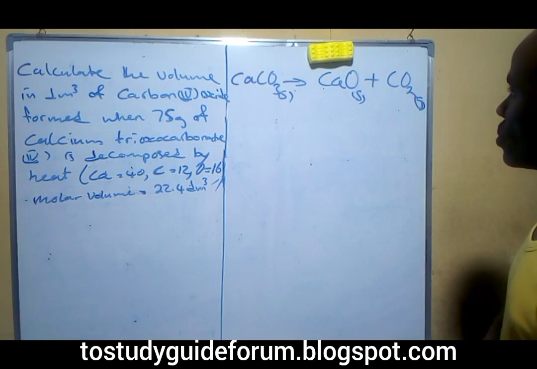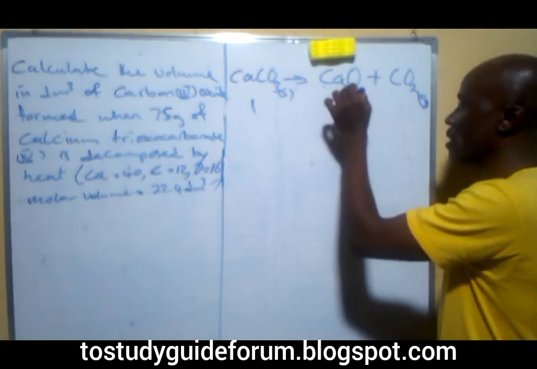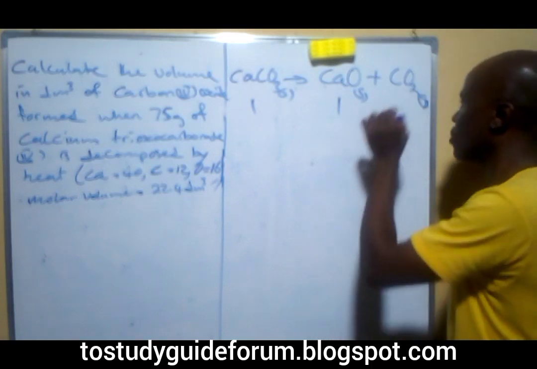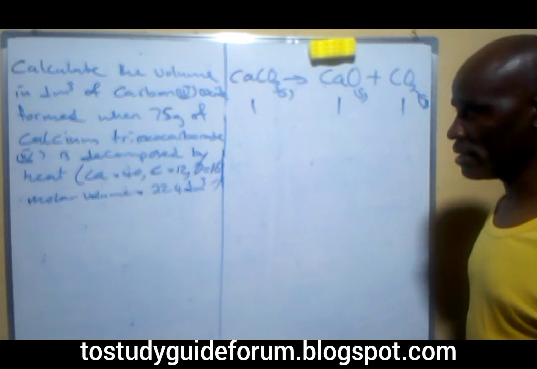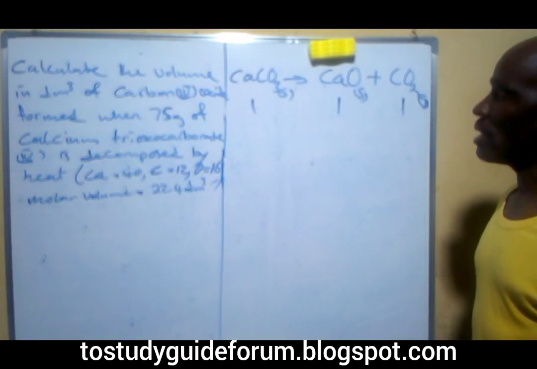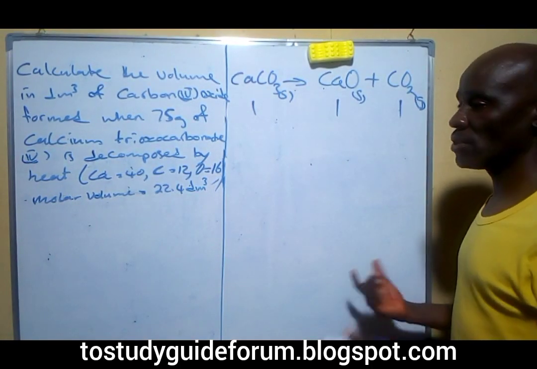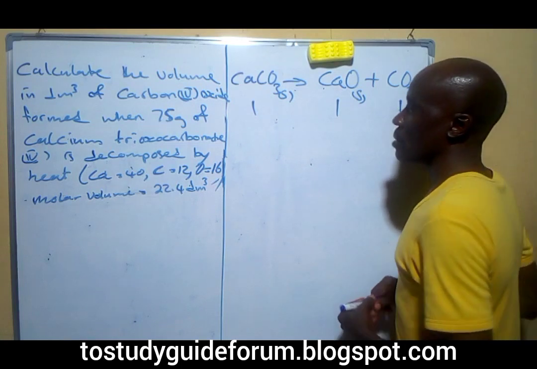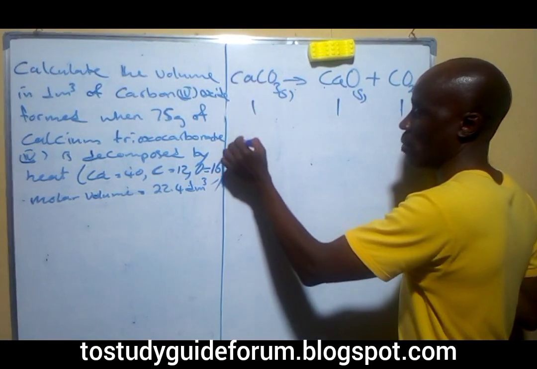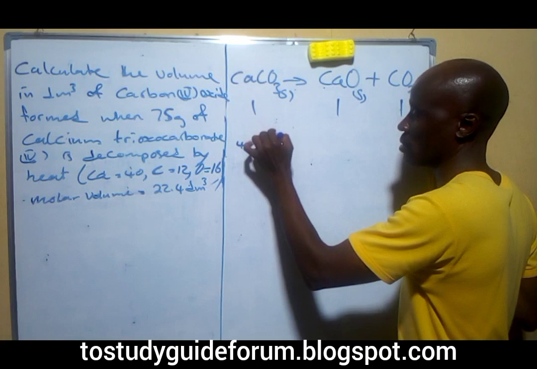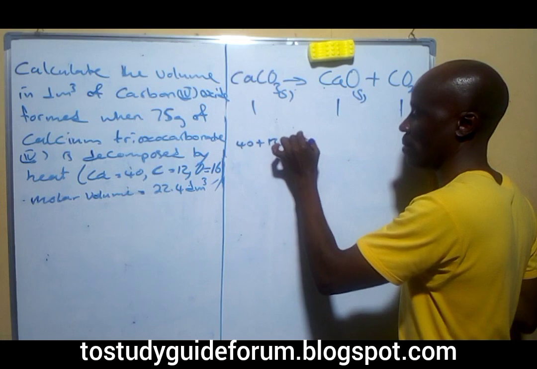Looking at this, you can see that 1 mole of calcium trioxocarbonate(IV) will liberate 1 mole of calcium oxide, and also 1 mole of carbon(IV) oxide. Another thing is the molar mass, or relative atomic mass, of this one we have here. We know calcium is 40, plus carbon, which is 12, plus the other one, 3 bracket 16.